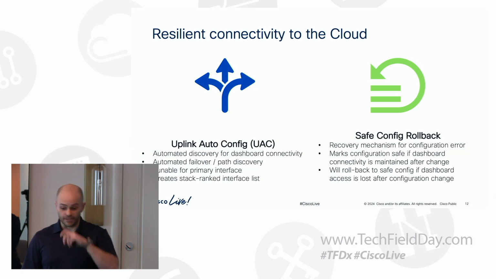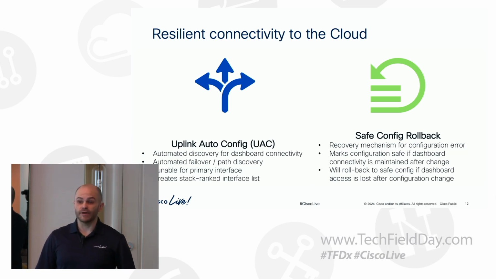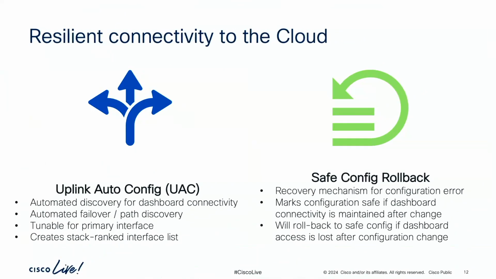And if you didn't black hole a subnet, but you accidentally made a config change that screwed up, we have a new safe config rollback. So in all Meraki devices, when you make a config change, we mark that config as what we call config try. It's the not safe config, where if we lose connectivity to dashboard, we wait a little bit, it doesn't happen immediately, and then we start a countdown timer.